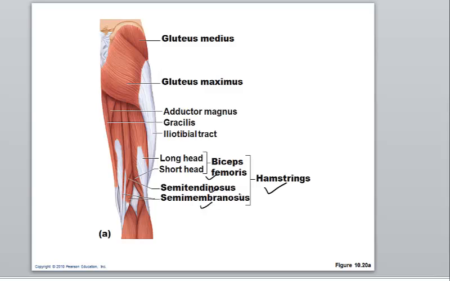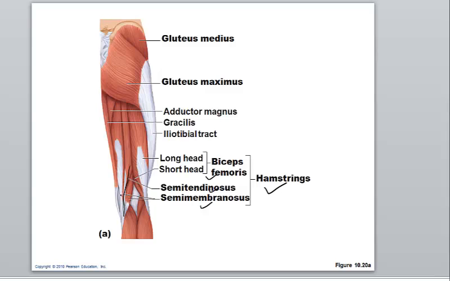These three muscles together are what we call hamstrings. Based on how they are, semitendinosus has a lot of tendon. Semimembranosus has a thin membrane. That's basically what it is. Semimembranosus is found deeper.